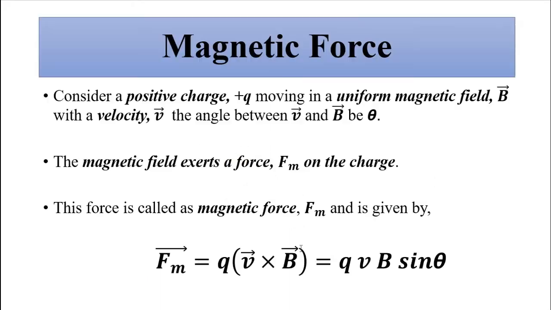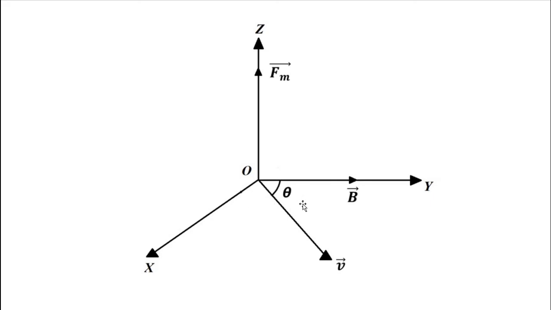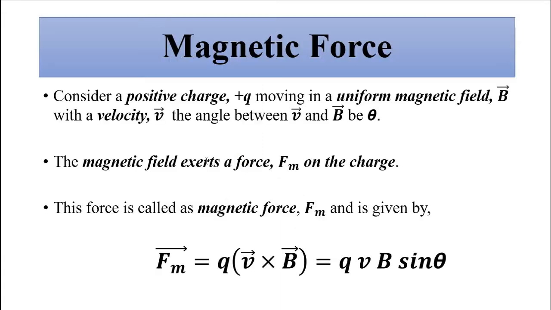Because the resultant vector is the cross product of the v vector and the B vector, so it will be in a direction perpendicular to the plane containing the two vectors involved in the cross product, the velocity vector and the magnetic flux density. So this is the magnetic force which acts on a charge when it moves in a magnetic field. That is the first part of this discussion.